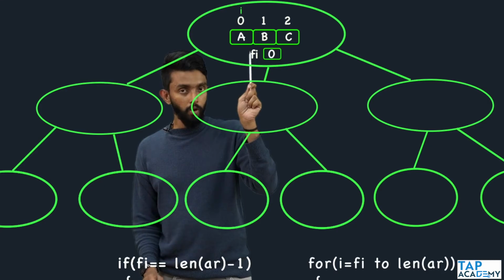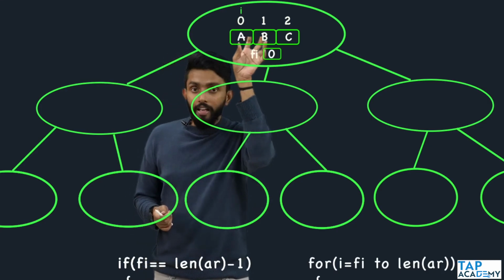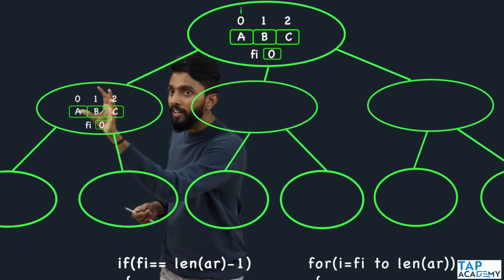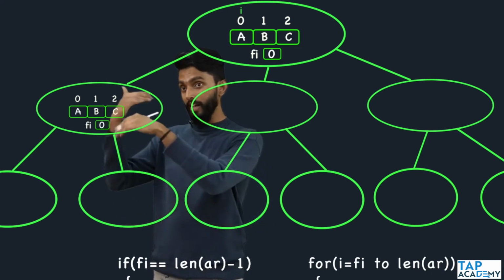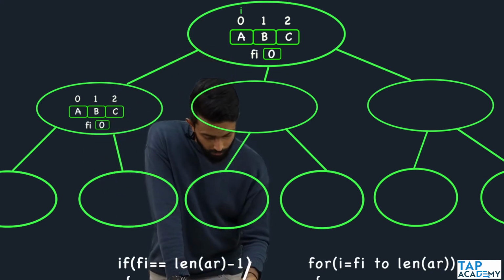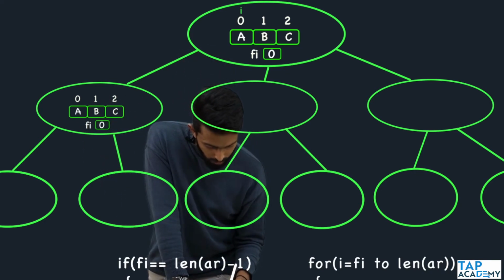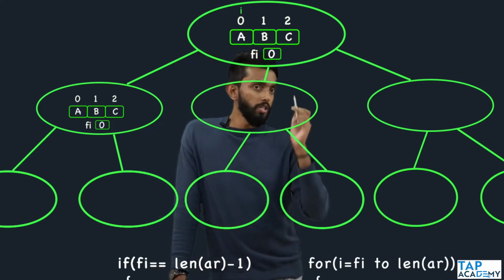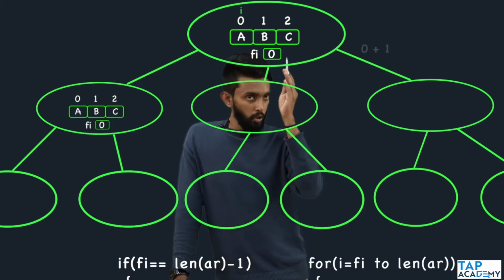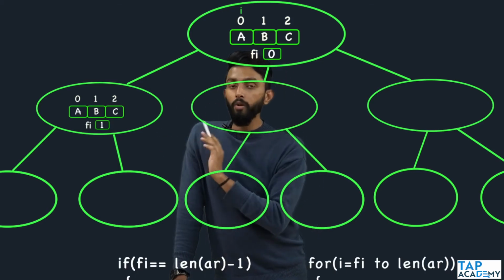A with A means it will stay here only. And that is what I am going to send to the second call of permutation, which means it is going to be A, B and C only. And of course, fi value is 0. You will add 1 to it and send it. So, fi value is 1.